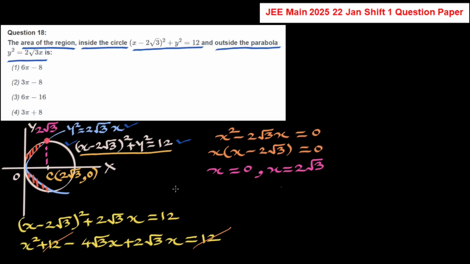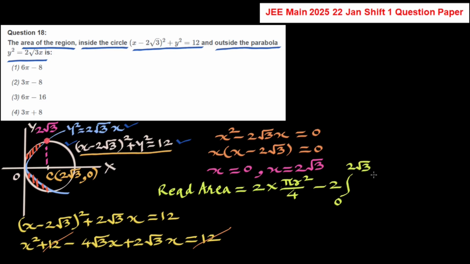Now the required area is 2 times the area of the quarter circle minus 2 times the integral from 0 to 2√3 of the square root of 2√3x, that is (2√3) raised to half into x raised to half, dx.